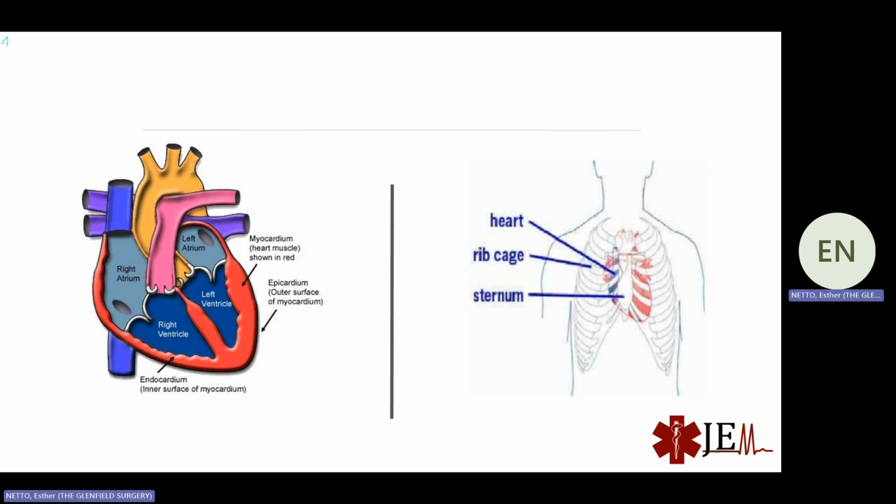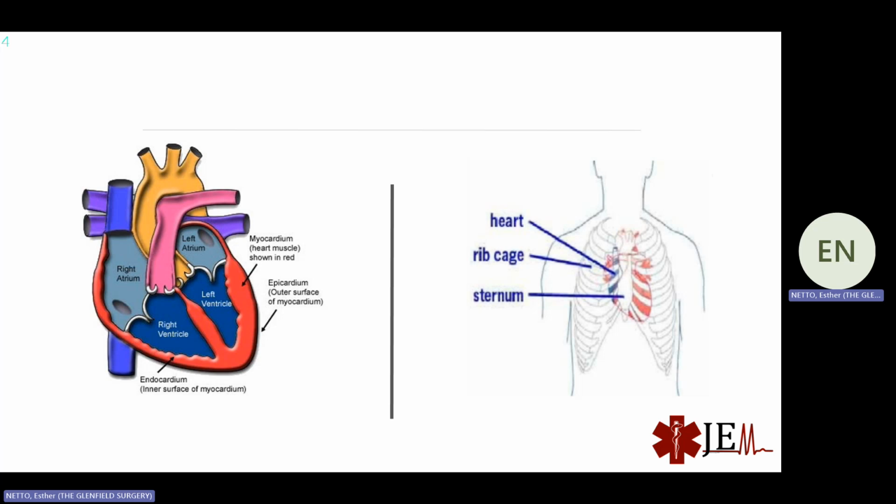This is a really basic diagram of the heart itself, and you may have come across a similar thing in your studies. The heart is an organ that sits in the middle of our chest, so just behind our rib cage, and it's slightly tilted to the left-hand side. It's made up of 4 different chambers, the 2 atria, which sit at the top, and the ventricles, which sit at the bottom.